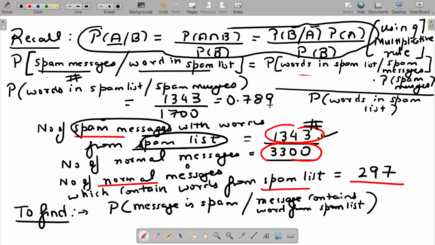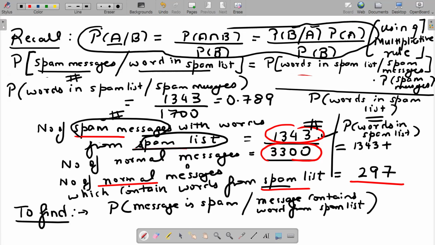Then we find out how many words we have in the spam list. So I can write probability of words in the spam list will be the number of words in the spam list coming from spam messages, which is 1343, plus the number of words in the spam list coming from normal messages, which is 297, over the total number of messages, 5000.